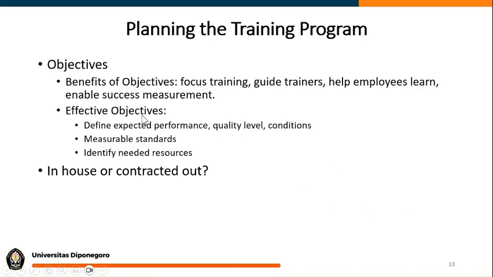So there are several indicators of effective objectives, like a clear definition of the expected performance, quality levels and conditions, then measurable standards, and the needed resources, like whether you need external or internal trainers, and whether you need to book a hotel, or whether you only need to do it inside your company, or using the company's room, something like that.